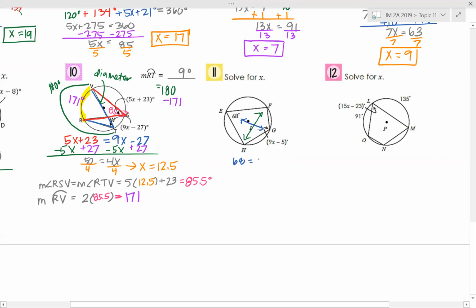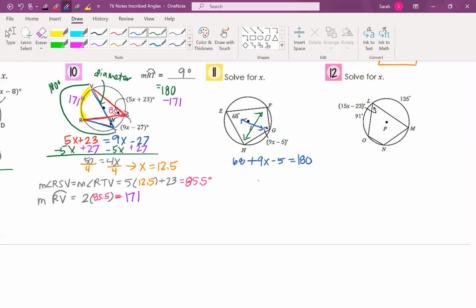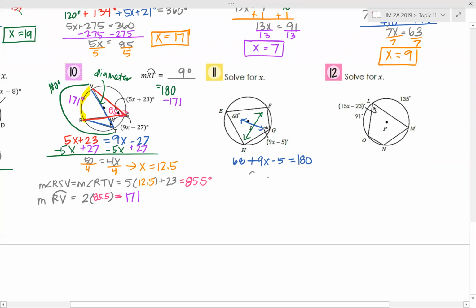So 68 is equal to 9x minus, sorry, it is not equal, it's supplementary. So 68 plus 9x minus 5 is supplementary, so it's equal to 180 degrees. If I combine my like terms, that's going to give me 9x, and 68 minus 5 is 63. So 9x plus 63 is equal to 180.